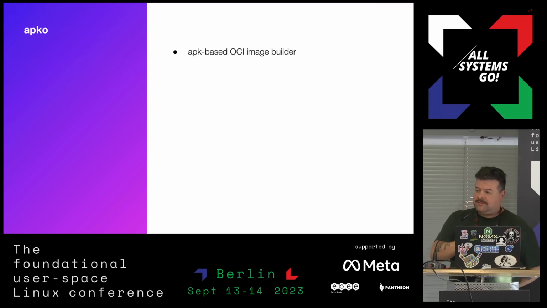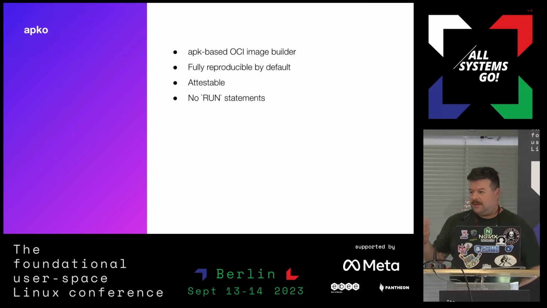The idea here is the same. Use APKs. We build the package in our OCI image. Like Melange is reproducible by default, here also is reproducible by default as well. And we generate attestation, like provenance and SBOMs as well here. And we don't have run statements like in a Dockerfile.